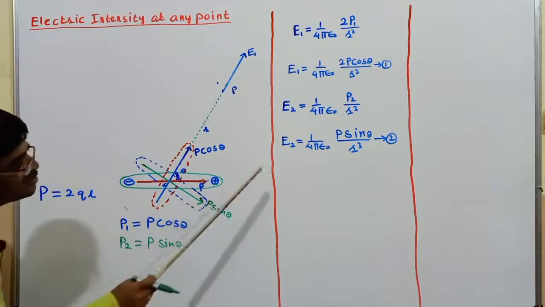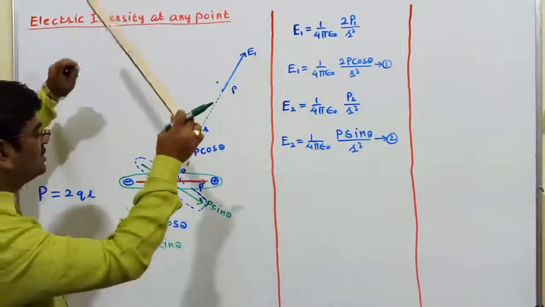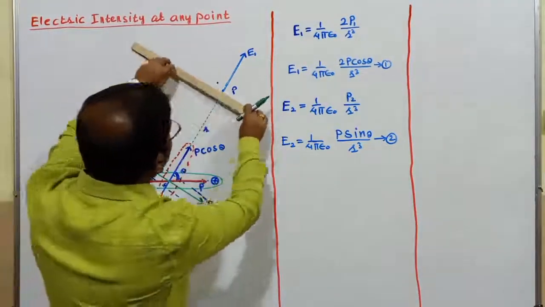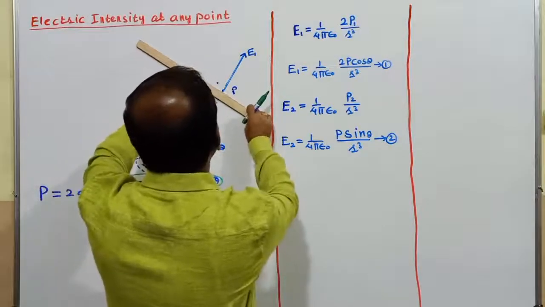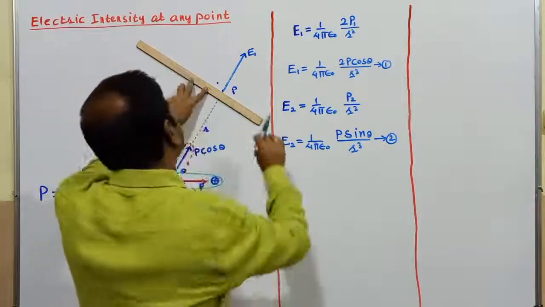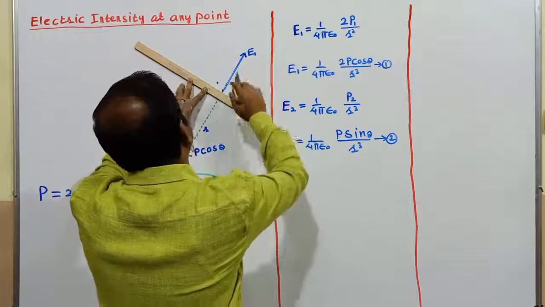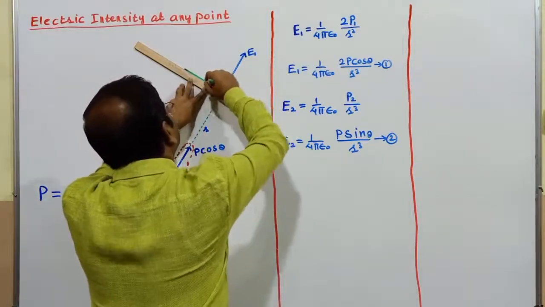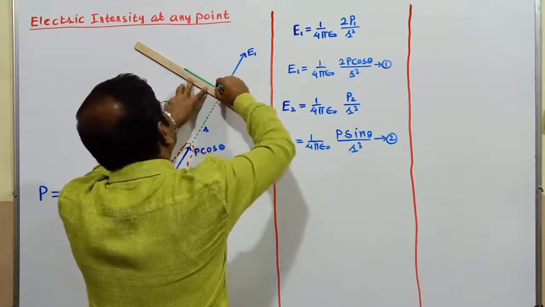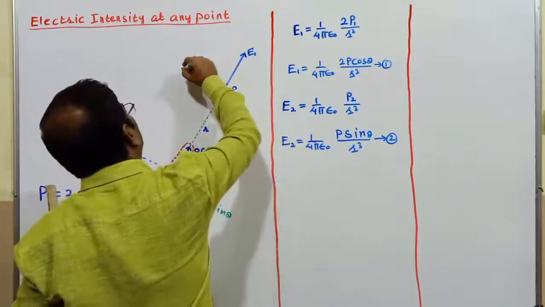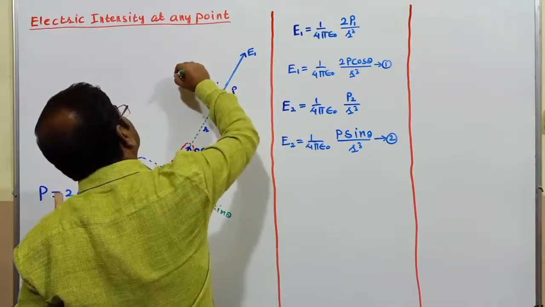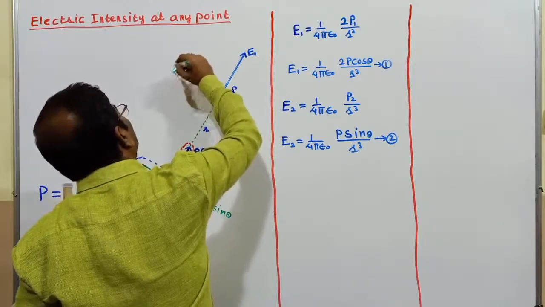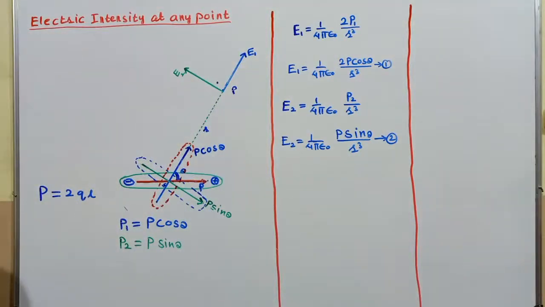This is the direction of P2. This is parallel to this. Anti-parallel I have to show that. And here I can show the direction of E2. So I have the magnitude and direction of E1 and E2.